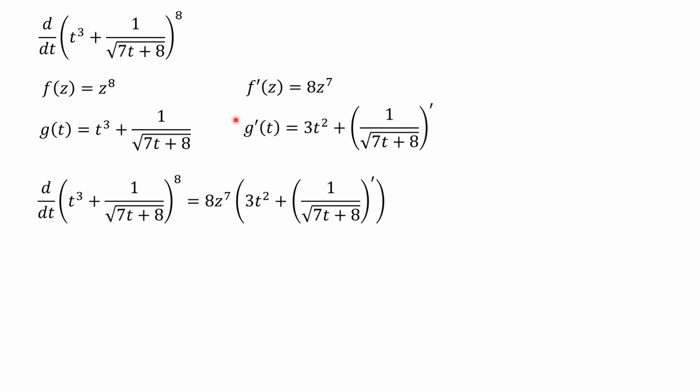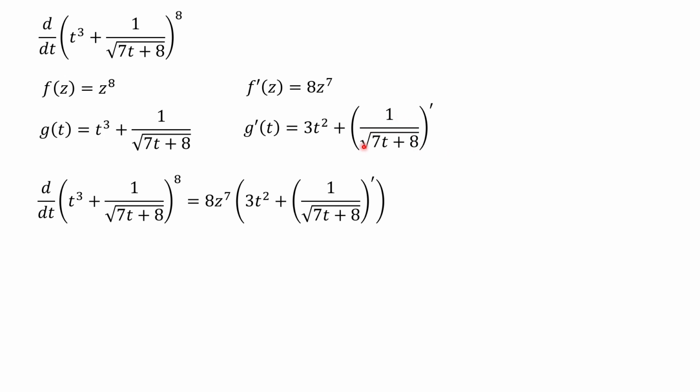When we take the derivative of g, we saw that it is the derivative of t cubed, which is 3t squared, plus the derivative of the second term, which I just wrote as a derivative of that term. I didn't really open it up, because to open it up, we really need to use our procedure one more time, okay?